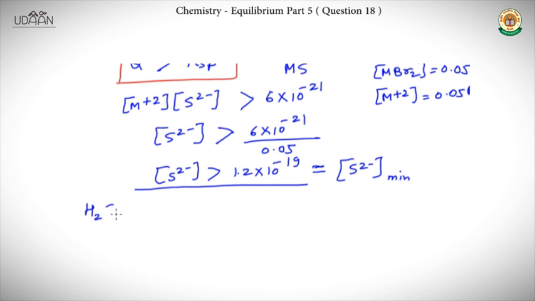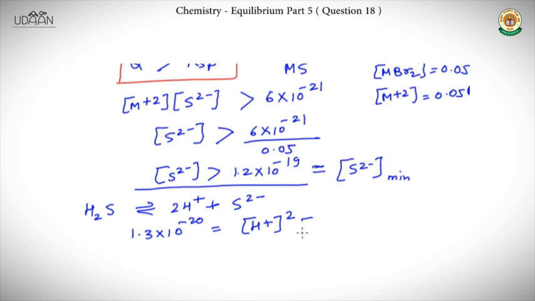For the acidic dissociation of H2S, I can write this reaction, and I know that the acid dissociation constant is 1.3 into 10 raised to the power minus 20 for this reaction, and I can write this expression: H plus square into S2 minus concentration upon the concentration of H2S.